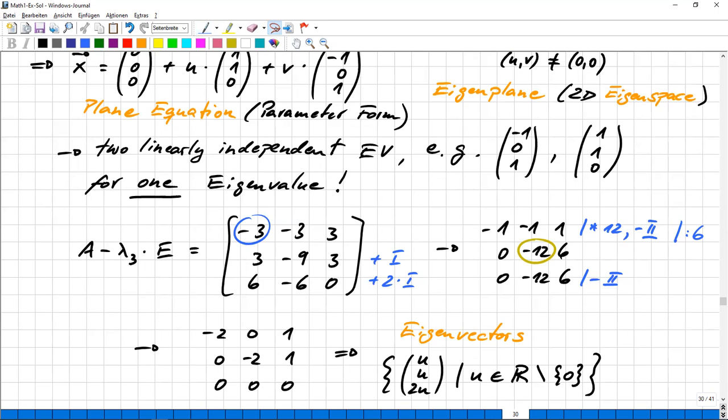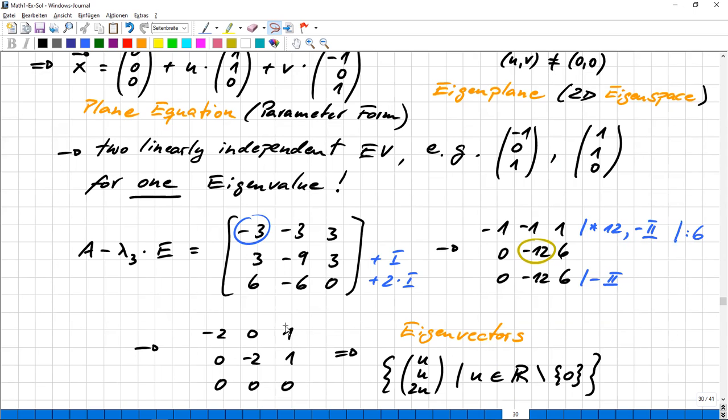As always, now I use the same symbol as above, but of course this should not be the same u as here. It's just a newly chosen solution parameter, okay? So I choose my third component to be equal to u firstly, and then I would read out the other 2 lines, which now say that minus 2 times x1 plus u would be equal to 0.